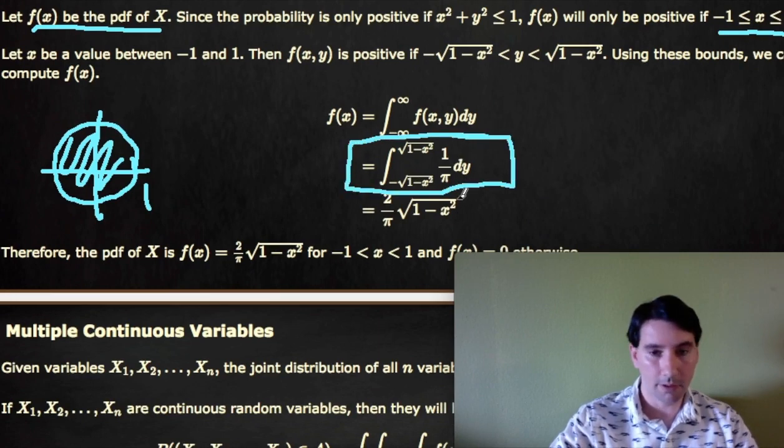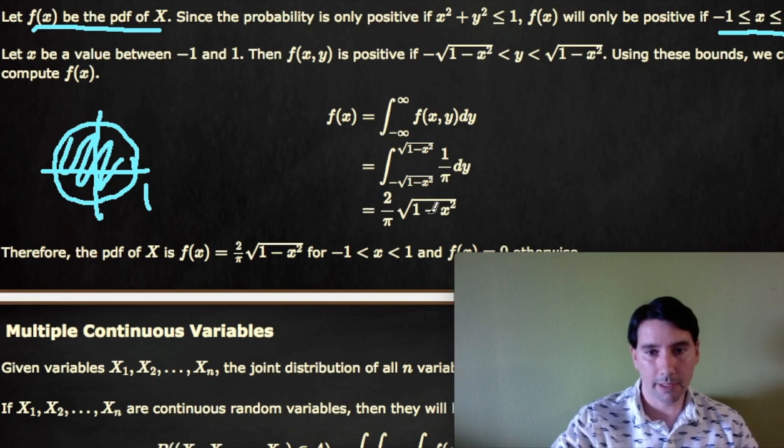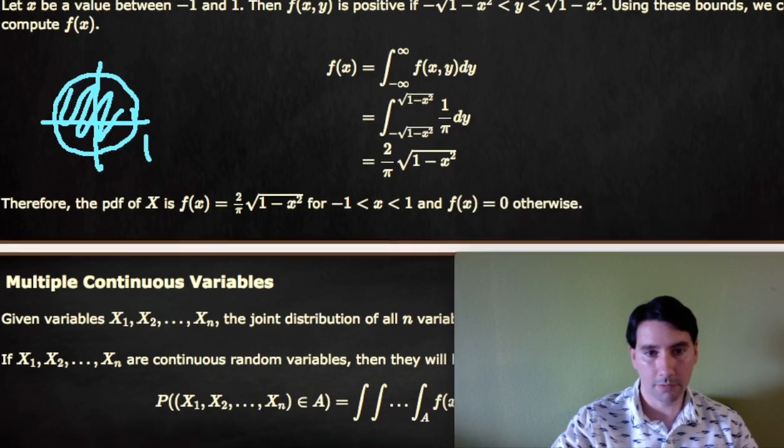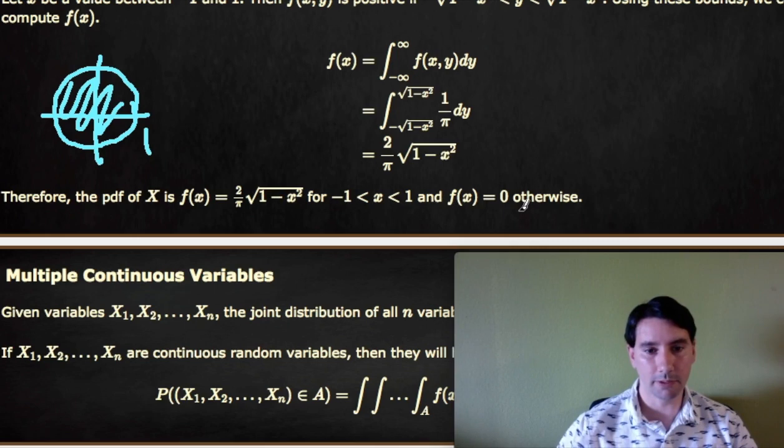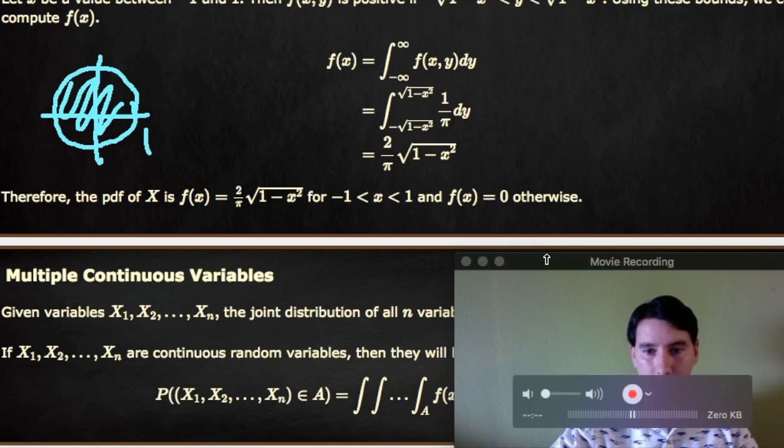And this ends up being 2 over pi square root of 1 minus x squared. So the PDF of X is f of x equals 2 over pi root 1 minus x squared for negative 1 less than x less than 1, and f of x equals 0 otherwise, since there's a 0 probability that X and Y land outside that circle.